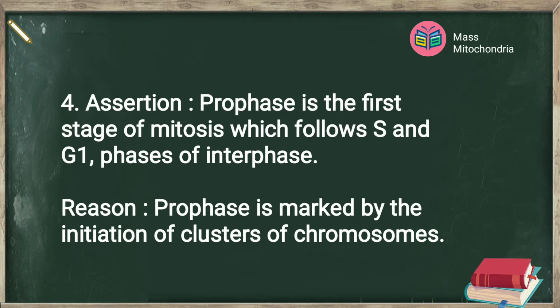G2 phase has newly formed DNA molecules that are not distinct, intertwined chromosomes, right? The prophase is marked by initiation of condensation of chromatin material. So the answer is option D. Both assertion and reason are wrong.